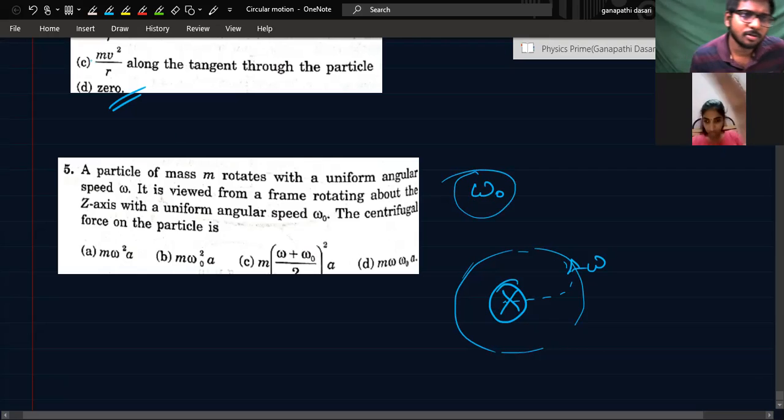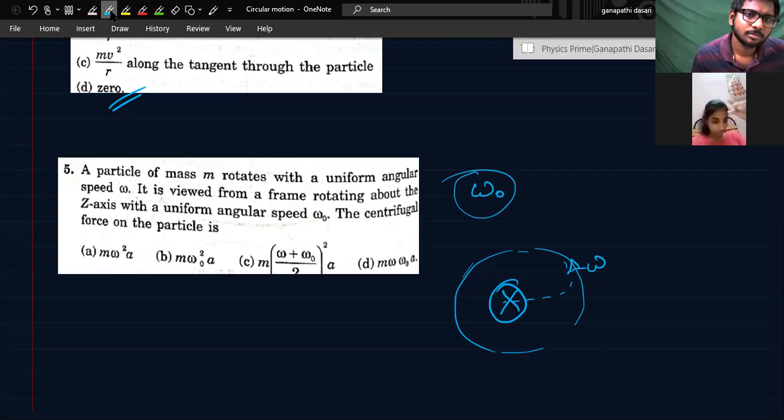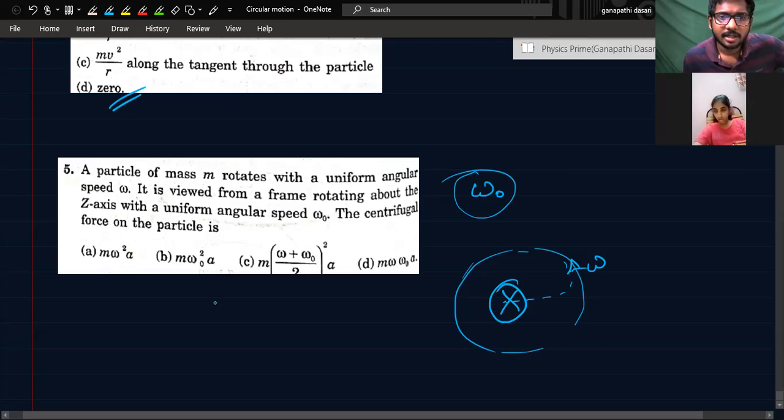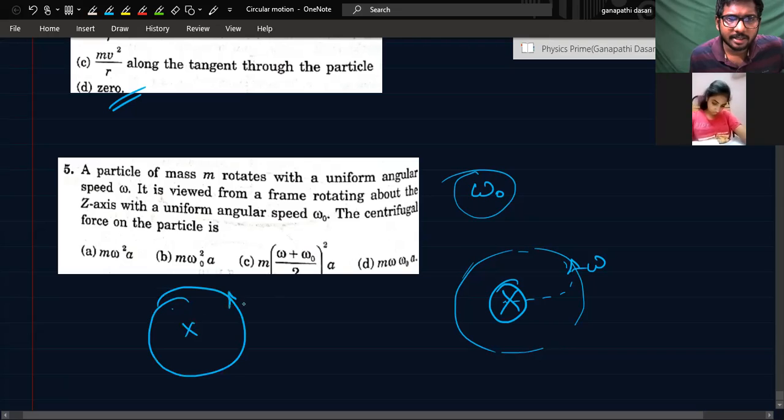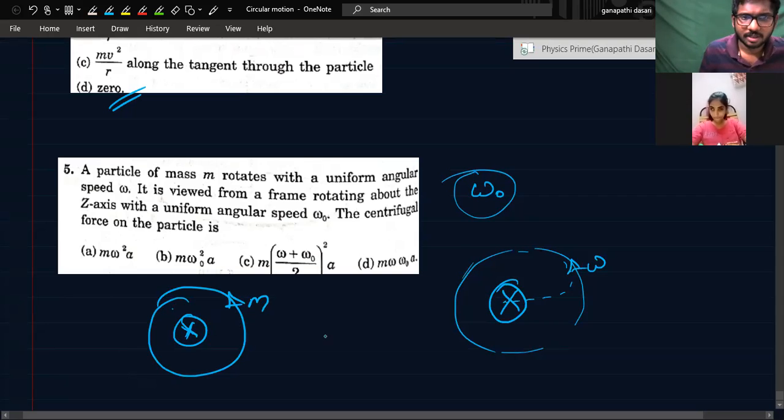How to take the centrifugal force? As of now from the question, whatever I understood is, this is a rotating mass, and there is another object rotating about this axis only, and from there you are observing with omega naught.